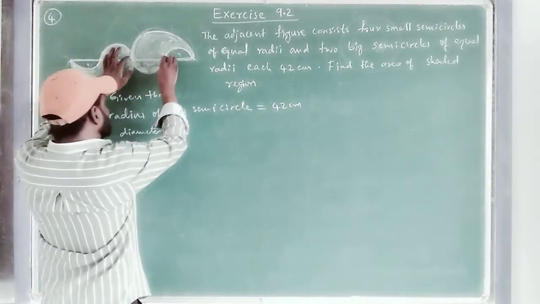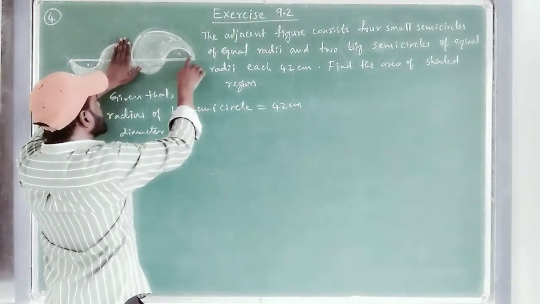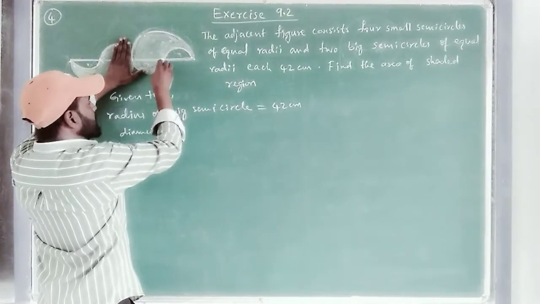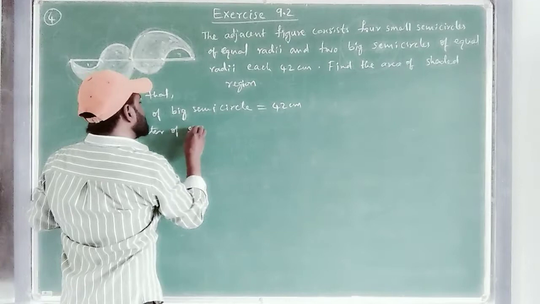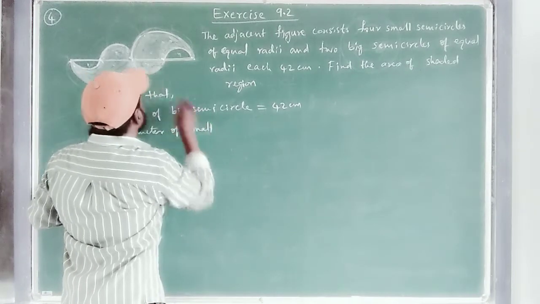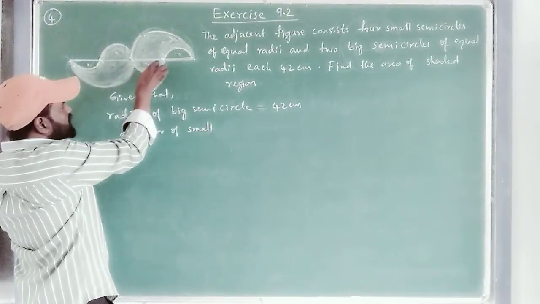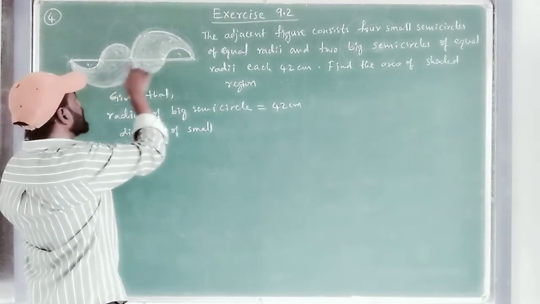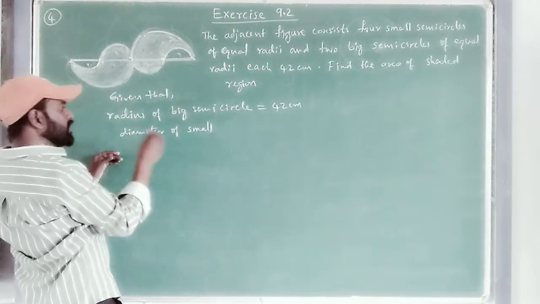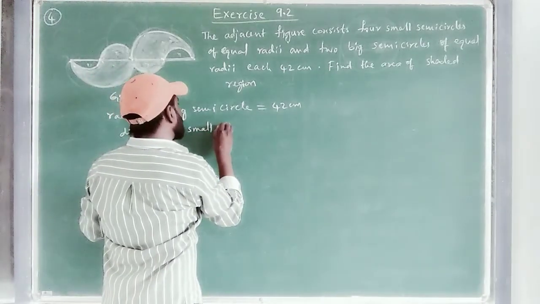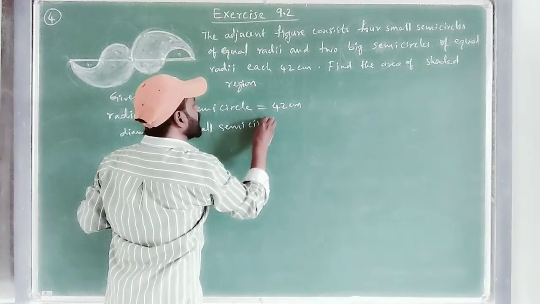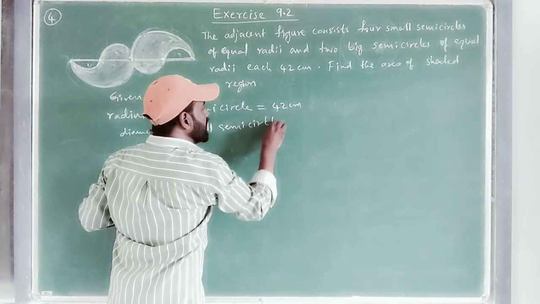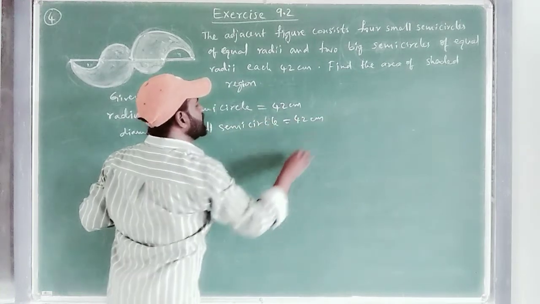See here, if you take the big semicircle like this, the radius is 42 centimeters. Now the diameter of the small semicircle is from here to here, or here to here, or here to here. These are all diameters of small semicircles. Both are the same, 42 centimeters.